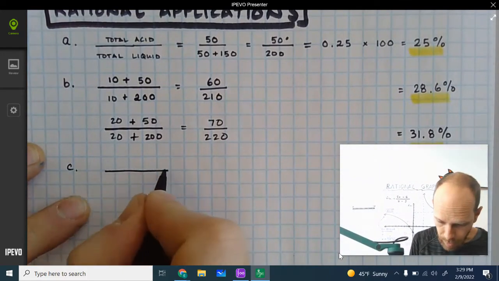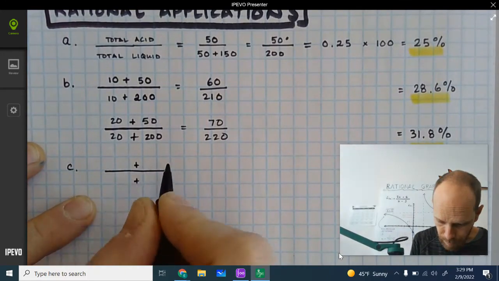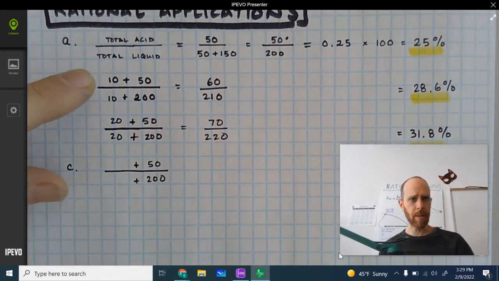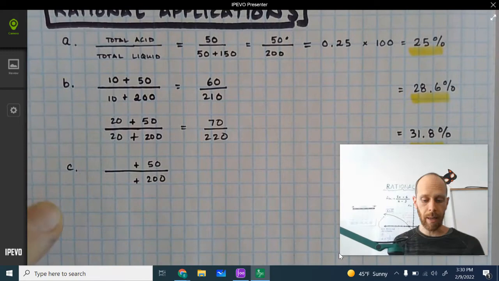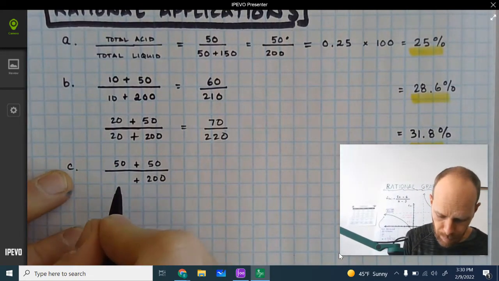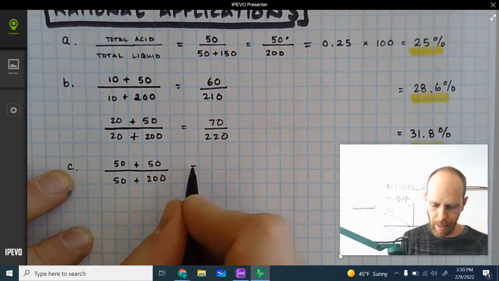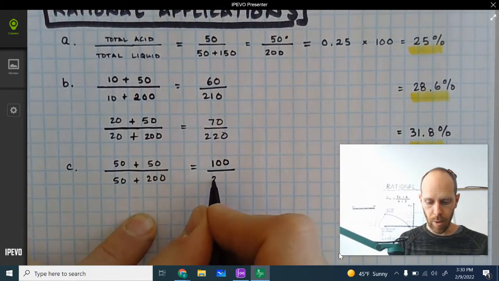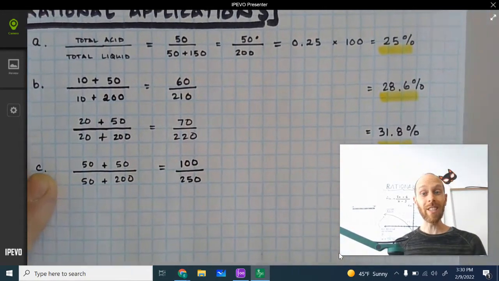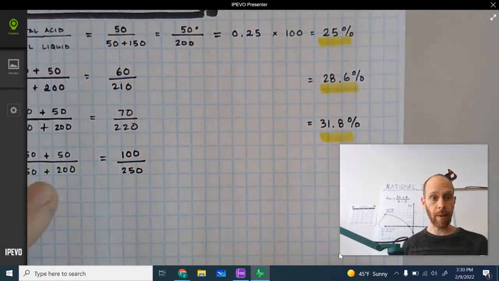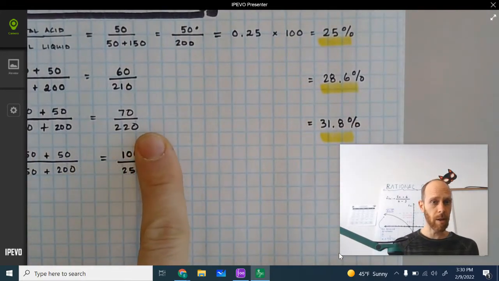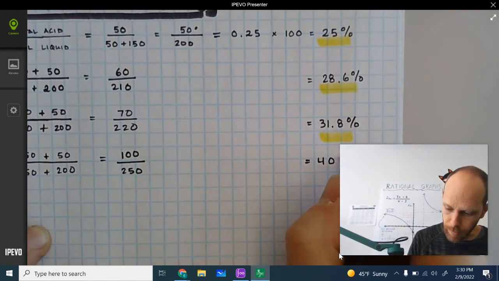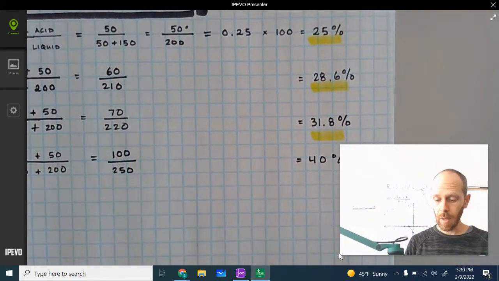So once again, we're in the same situation where we're starting here, but this time rather than adding 10 or 20, let's add 50 on. That would give us 100 over 250, which is not 50%, is it? In fact, that's 10 over 25. 10 over 25 is 40%.